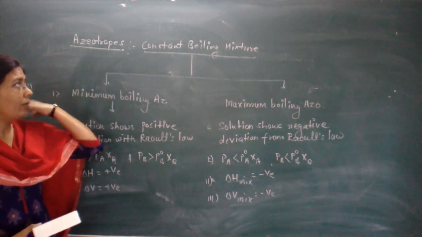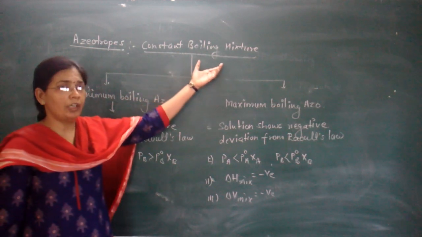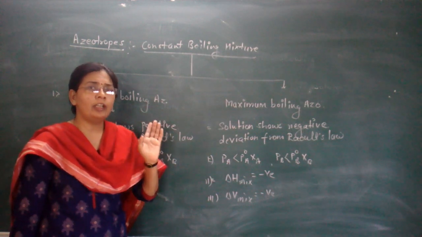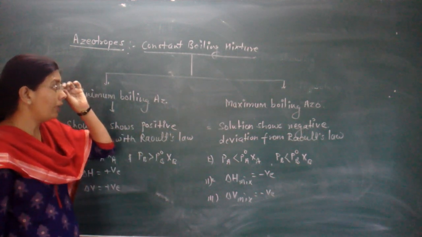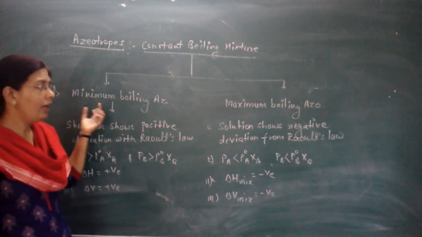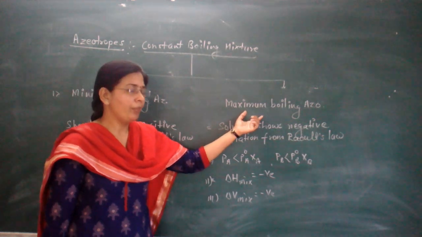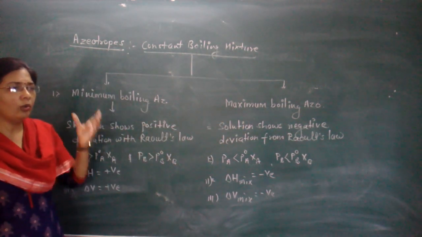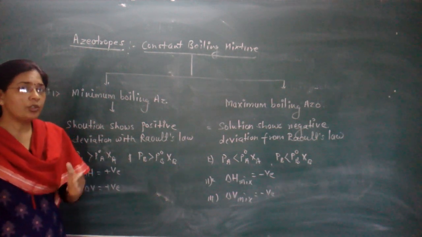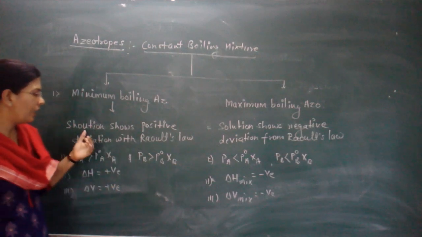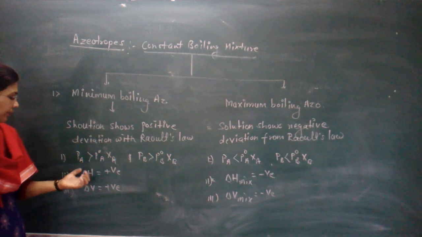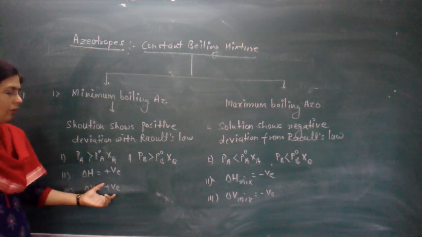So azeotropes or azeotropic mixtures are called constant boiling mixture. Such type of solution, whose boiling point remains constant without change in their compositions, is known as the azeotropic mixture. Azeotropic mixture we divide into two types, minimum boiling azeotropic mixture and maximum boiling azeotropic mixture. Minimum boiling azeotropic mixtures are those which show positive deviations from Raoult's law, with enthalpy increasing and volume increasing.